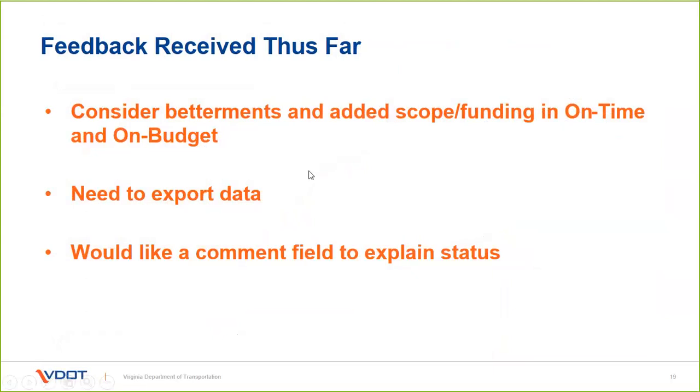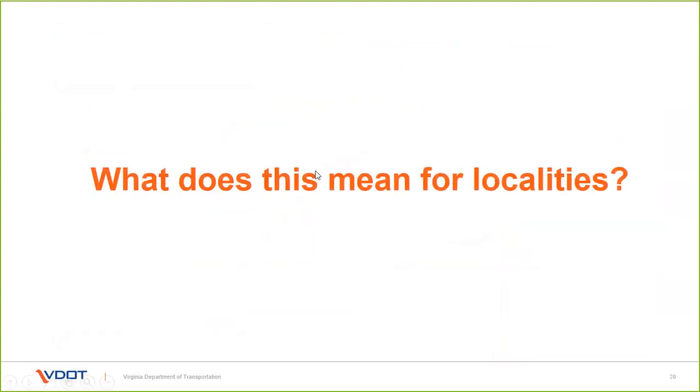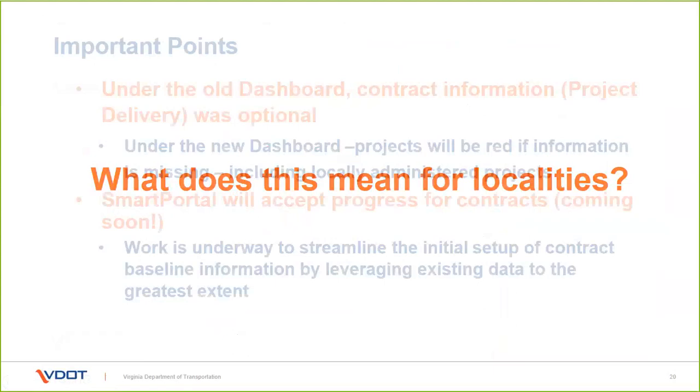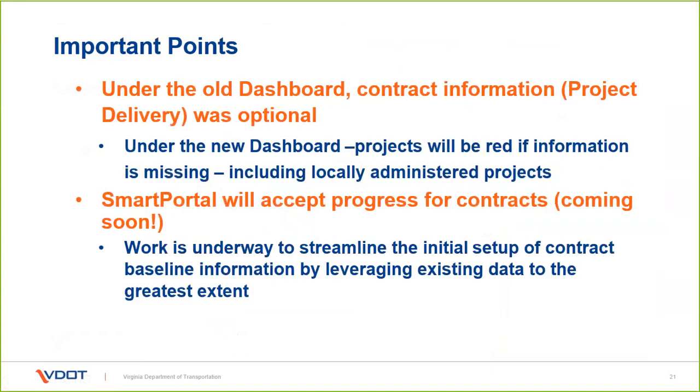All right, so let's wrap up here with what this means for localities and some of the changes that would be coming. I think probably the biggest change, and we had a question on this earlier, regards the contract information. We have the information on the development side, but when we get over to the delivery side, we will need some additional information.